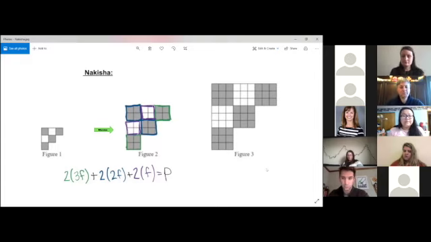And then every side of the square that is showing on the outside has a length that's the same as the figure number. So like in figure 1, they're all 1 long, and in figure 2, they're all 2 long. And in figure 3, they're all 3 long. So there's a pattern there.